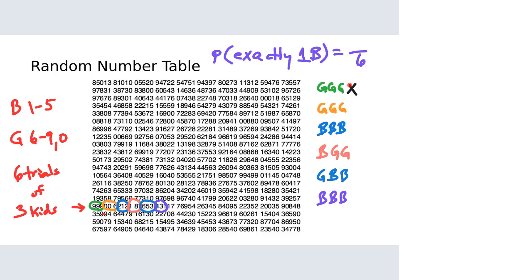That's all girls, so that's no good. That's all girls, no good. That's 3 boys, no good. Boy, girl, girl, yep, there's 1. Girl, boy, boy, that's 2 boys, and that's all boys. So the probability of getting exactly 1 boy for this particular simulation, there was 1 success and 6 outcomes, so that probability was 1/6.